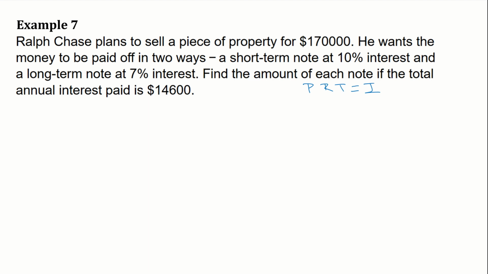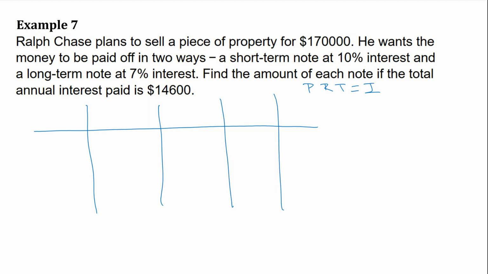Let's go ahead and set up our table. We do know that the total amount that needs to be handled in those two notes is $170,000, and that the total interest expected is $14,600. So we have a 10% note and a 7% note.